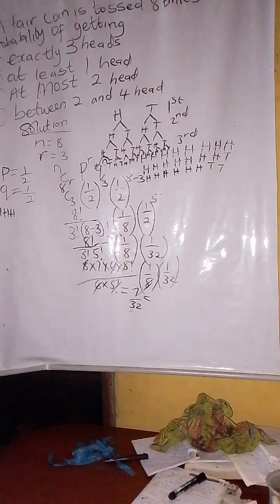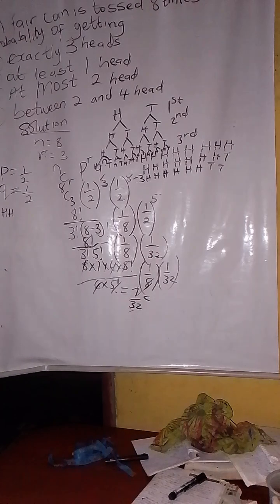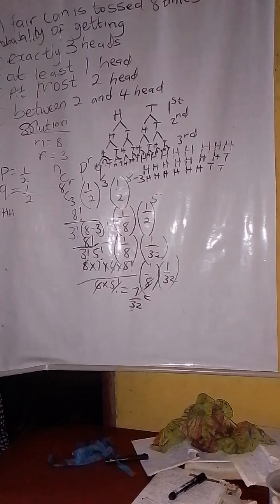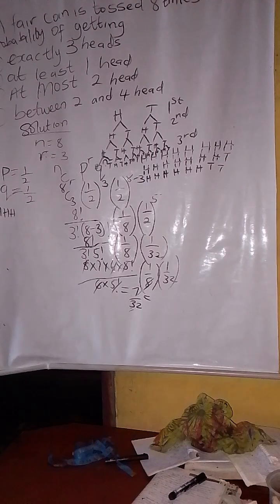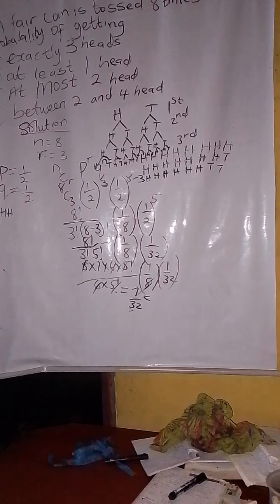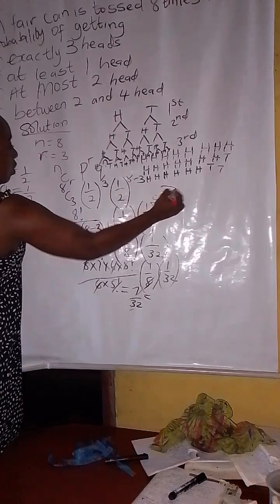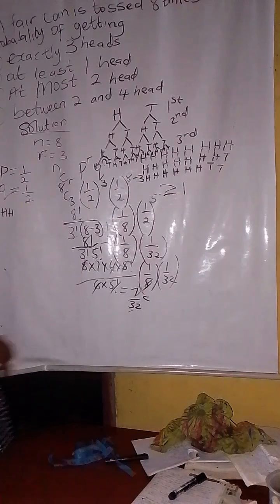So we want to look at at least one head. Take notes. The first one is exactly 3 heads. This one is at least. When you say at least, it means from one upward. From one upward.